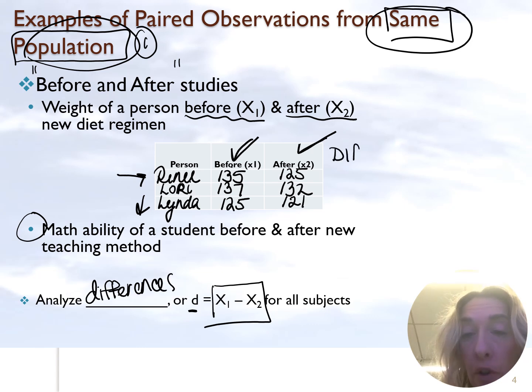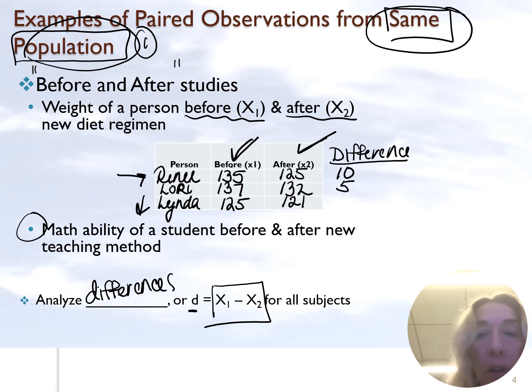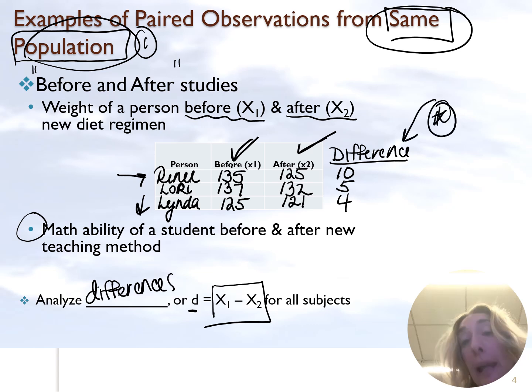If I were to add another column to this table called difference, for Renee, that difference would be 10, or 135 less 125. For Lori, that difference would be 5, and for Linda, it would be 4. So this is actually what's going to be analyzed statistically, as we will see.